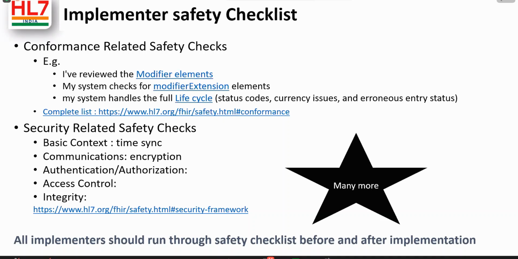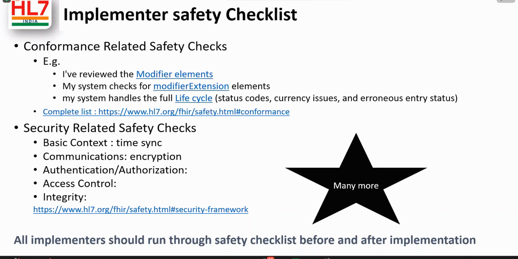The safety checklist talks about a lot of things. For example, the modifier, which I was talking about, is the first line item itself. A modifier is an attribute which changes the complete meaning of the resource. For example, status: if the status is inactive, it means that resource is no longer to be used. So as an implementer, have you paid attention to the modifier elements and the modifier extensions?